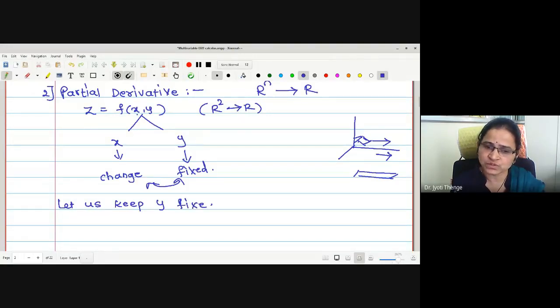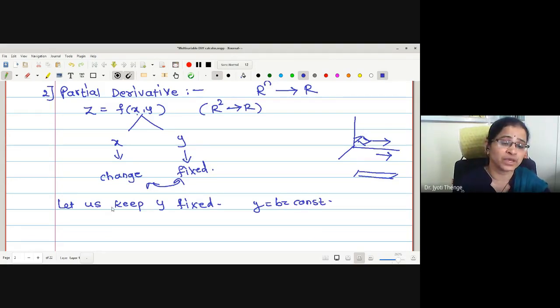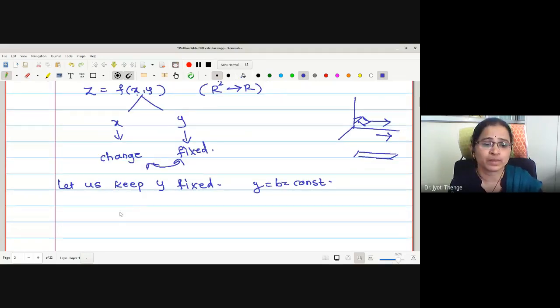If I am going to fix the value of y to some constant, say y equals b, then if I keep the value of y as b, the function of two variables f of x, y is now treated as a function of one variable only, because the function will be of this type, f of x, b. Why?